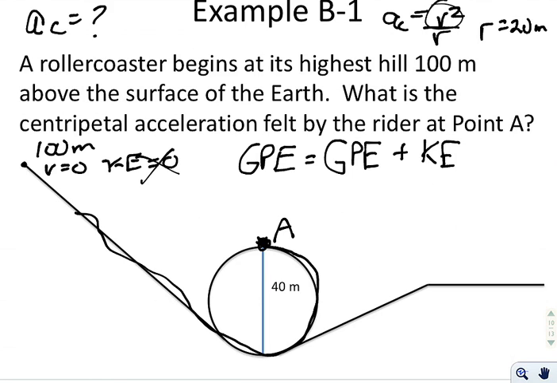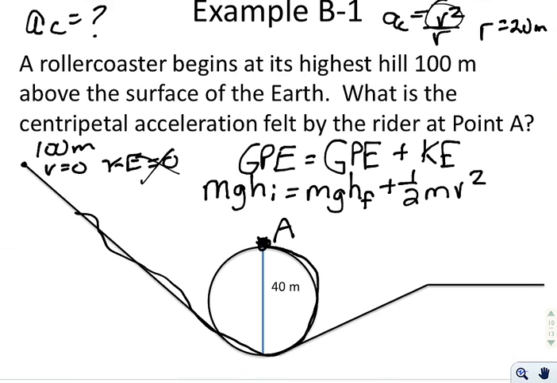What I'm trying to do here is use this relationship of energy to solve for the velocity so I can turn around and solve for the centripetal acceleration. So I want to substitute my values in here. I have mass times gravity times initial height, equals mass times gravity times final height, plus 1/2 mass velocity squared.